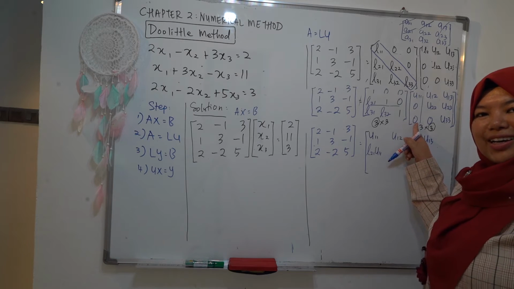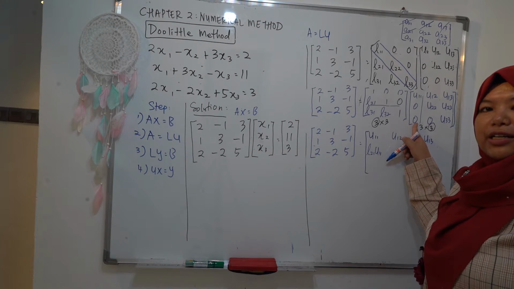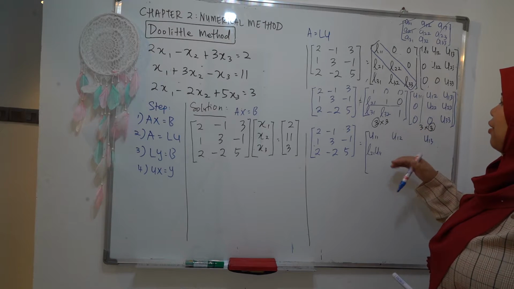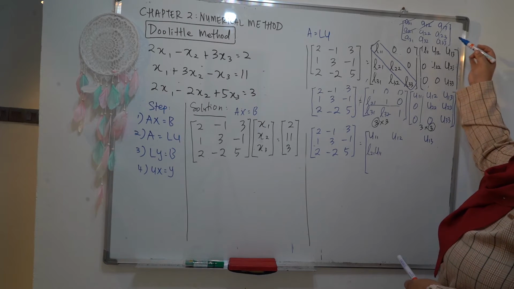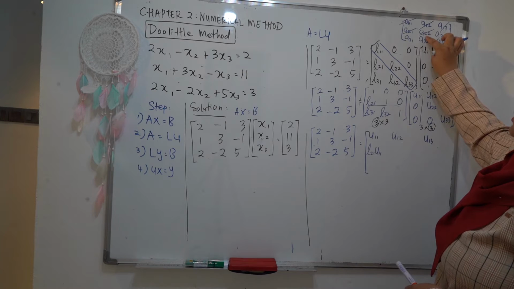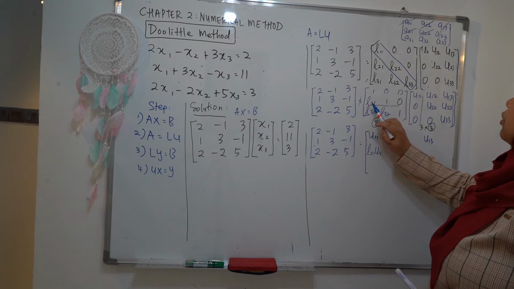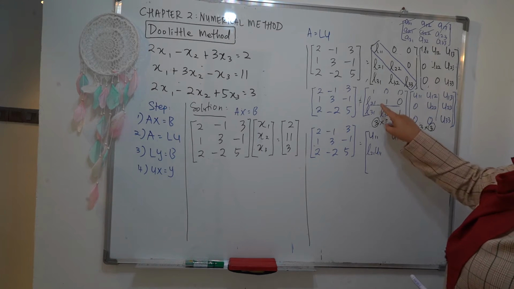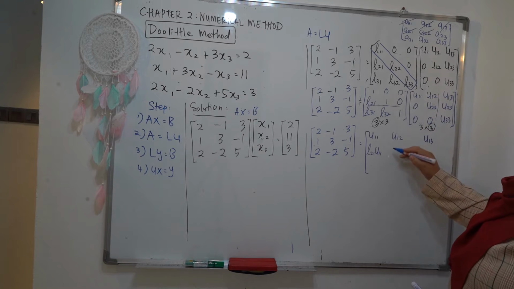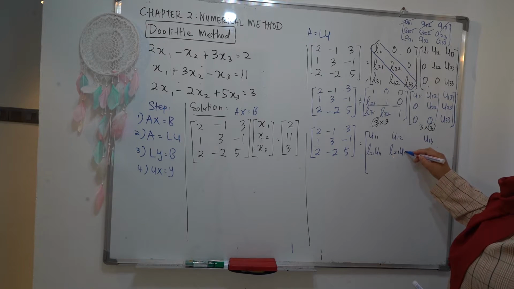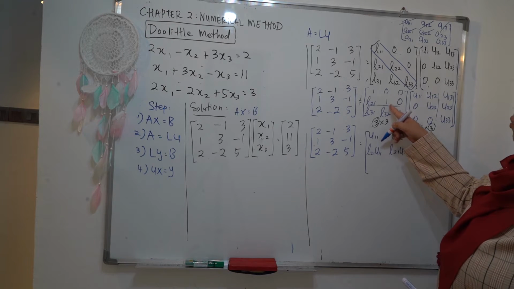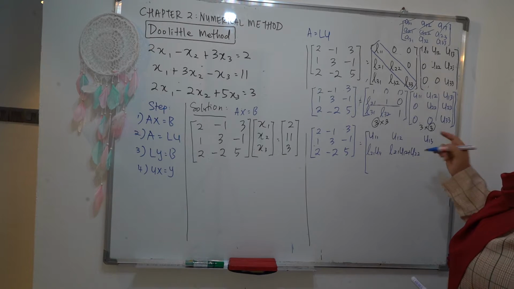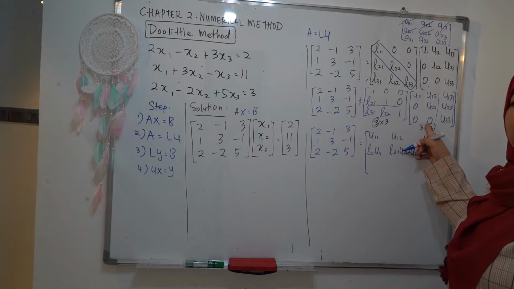Okay, are you clear? If you are confused, you can focus more on how I do the next ones. So I continue with A22. A22 means row 2, column 2. So L21 U12, plus 1 times U22, and then plus 0 times 0 is 0.